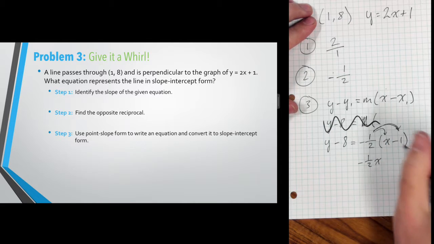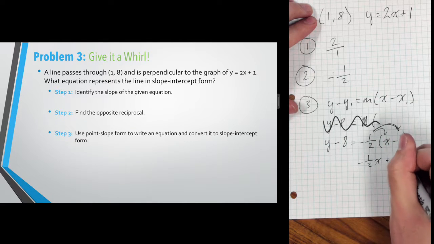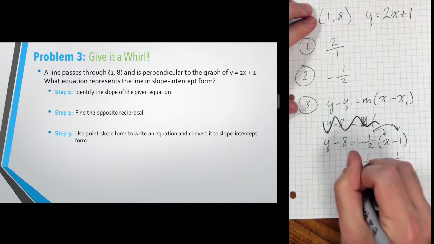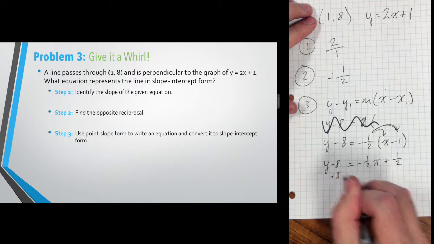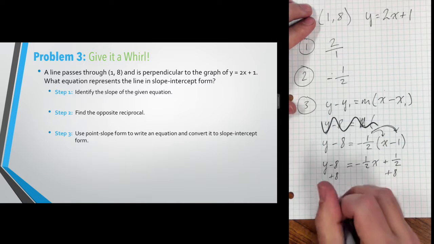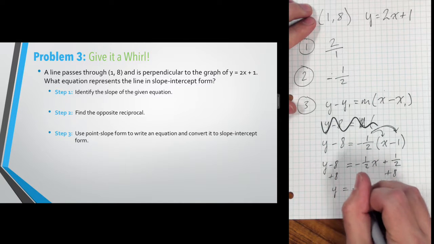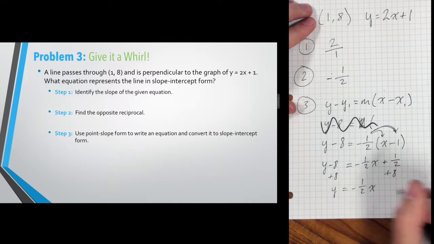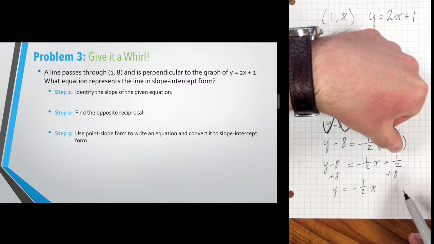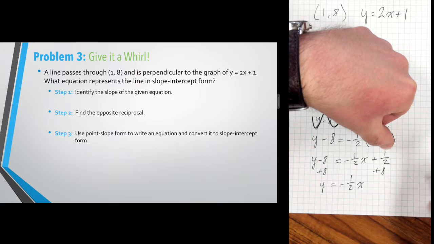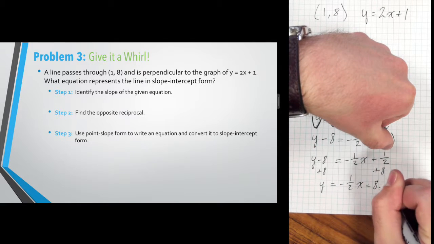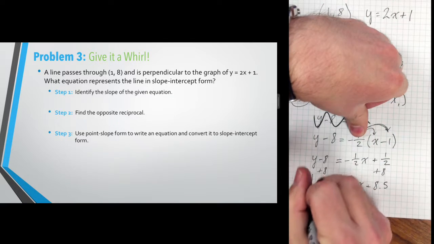Negative 1/2 times negative 1 is plus 1/2. Add 8 to both sides. Y equals negative 1/2 x plus 8 and 1/2, which we could just write as 8.5.